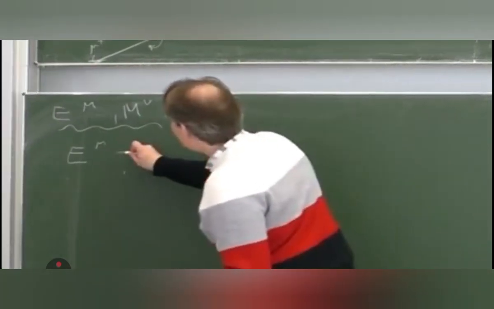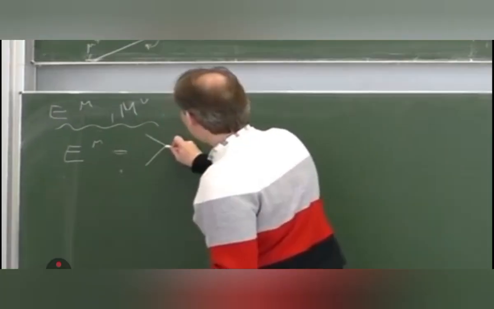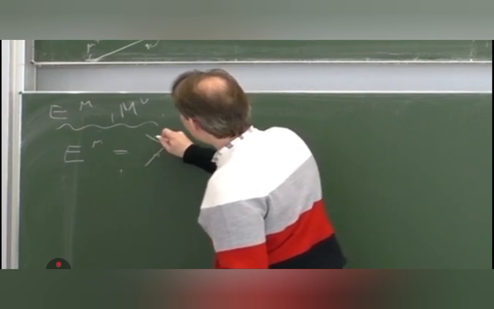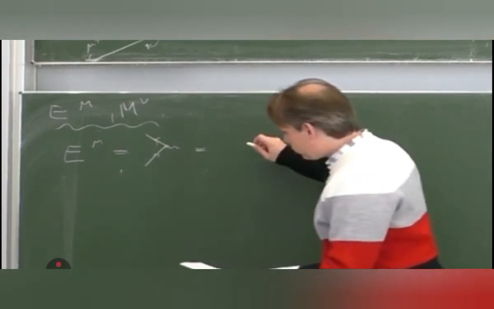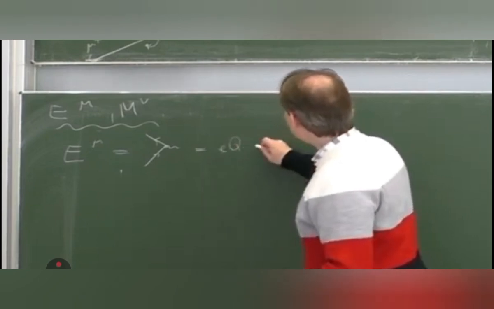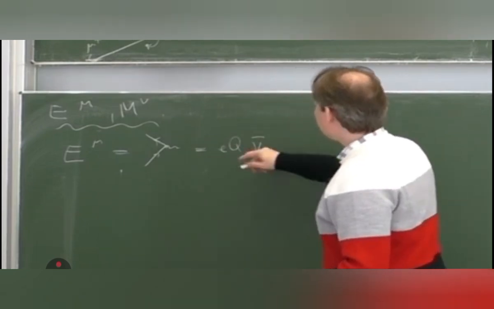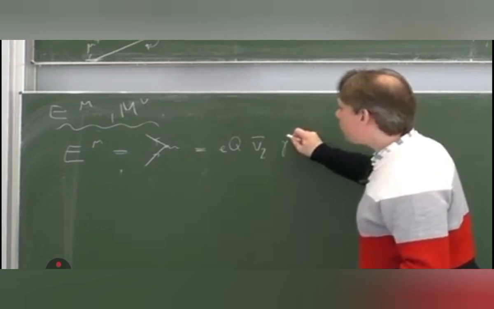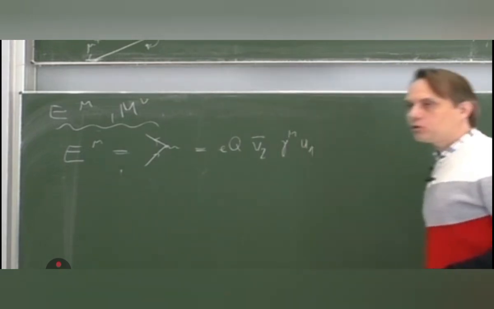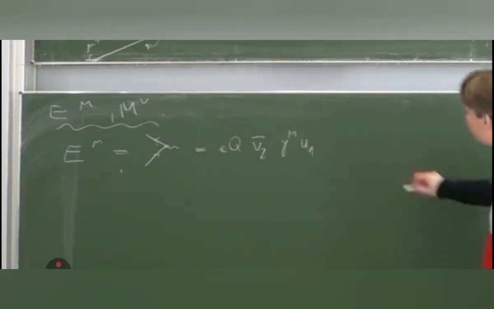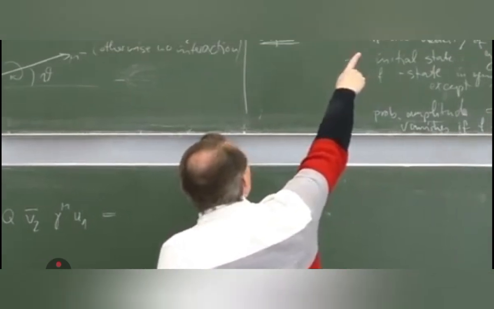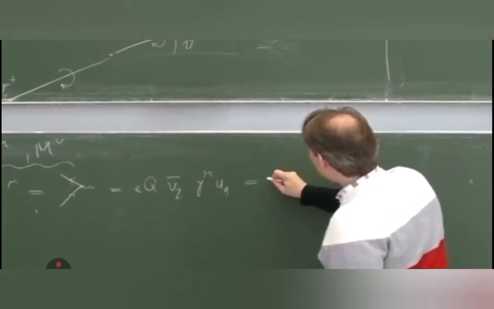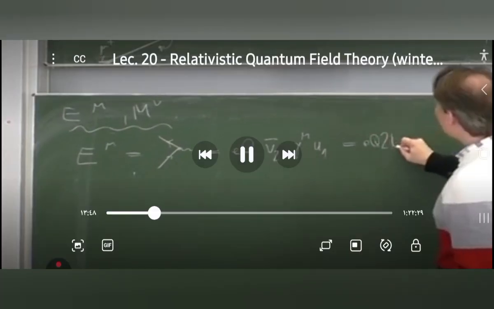So that was this expression here, just that part of the Feynman diagram, this object. And it is given by E times Q times V bar of particle 2 times gamma mu times U of the particle 1. Now we can plug in explicit expressions for it. So the spinors, they all have the prefactor square root of 2e, therefore we get as a prefactor E times Q times 2e.